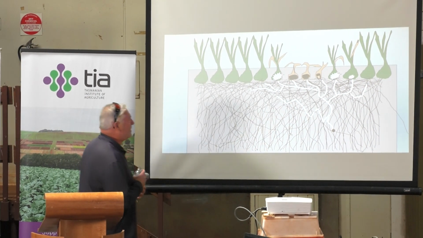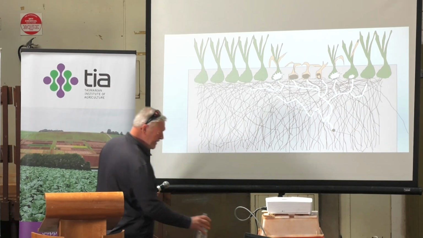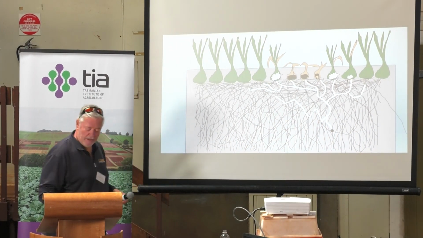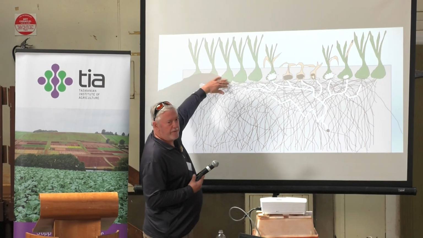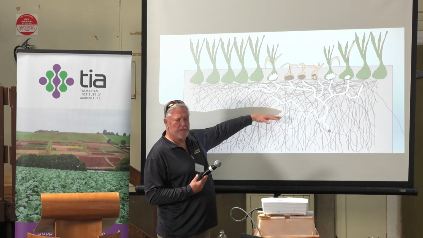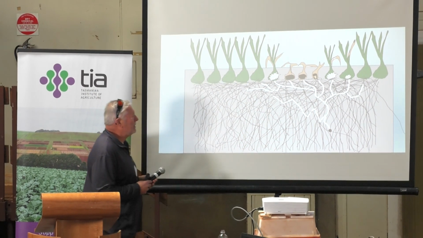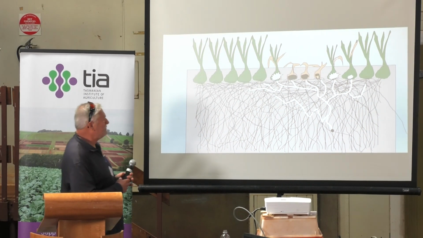So when I started working with the crop and the disease in the mid-70s, most people thought white rot pretty much acted just at the stem plate or plant level. They didn't really know it as much as a root disease. But it is. It's primarily a root disease.